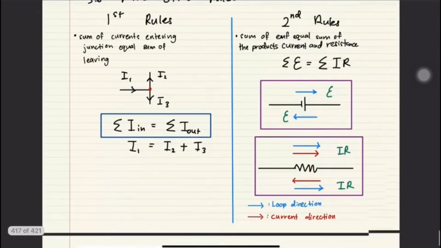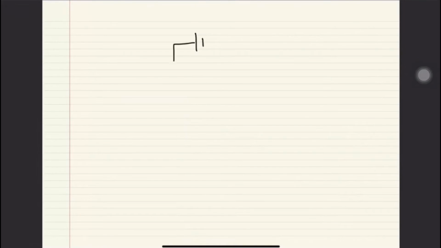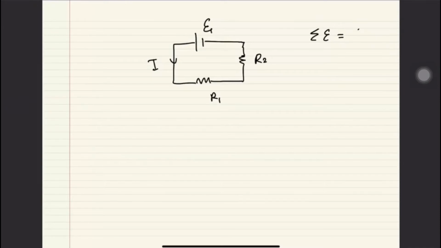If you have one loop, EMF gain equals EMF loss. It gains at the battery, it loses at the resistor. So let's say this is R1, this is R2, and then you have I1. So the summation of EMF is equal to the summation of IR.